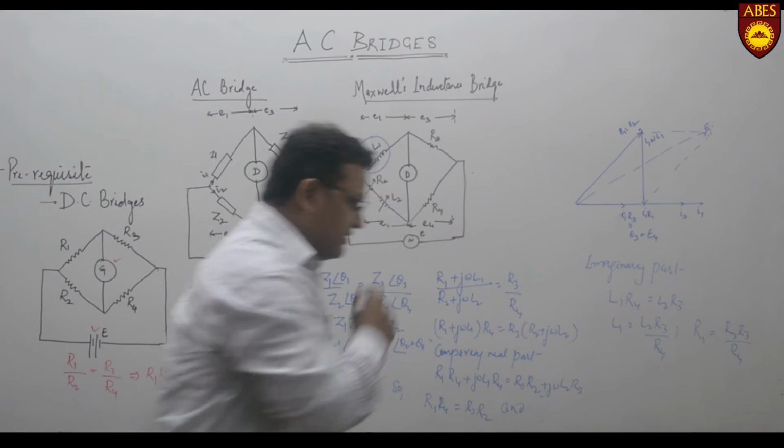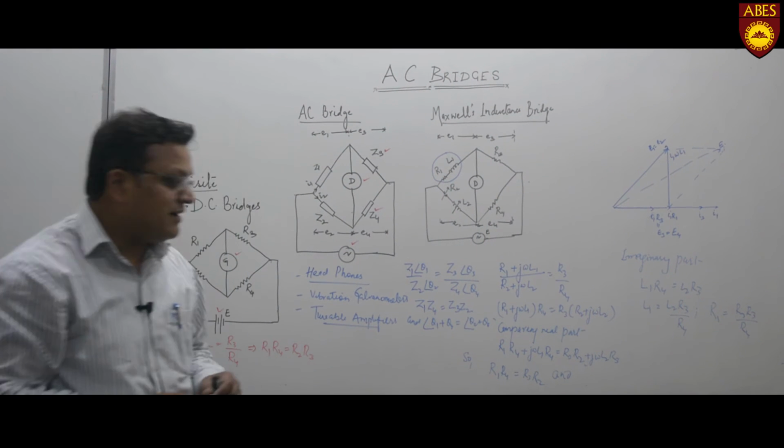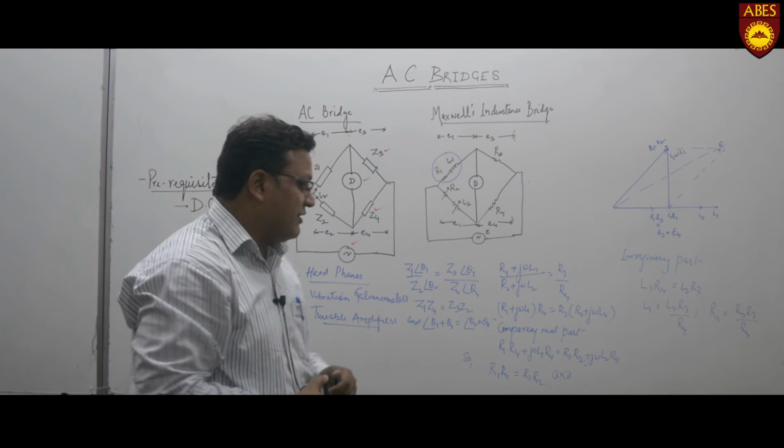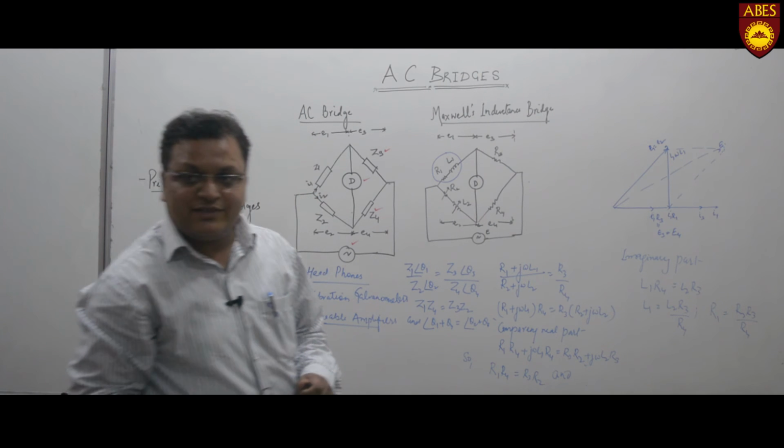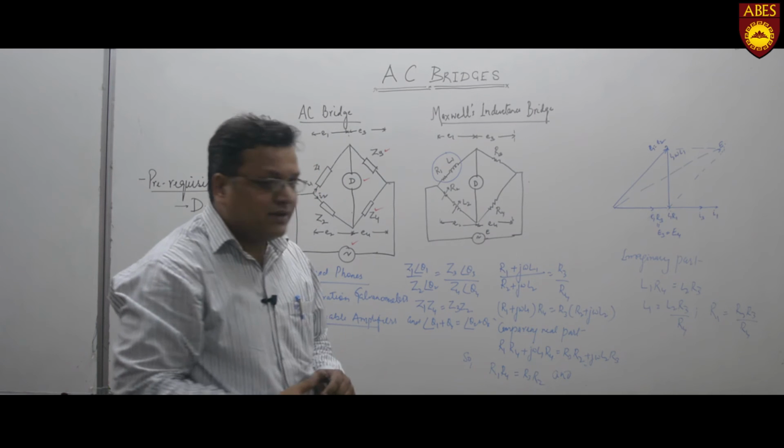So this way we can calculate the value of the unknown inductance of a coil in addition to the resistance of the coil.